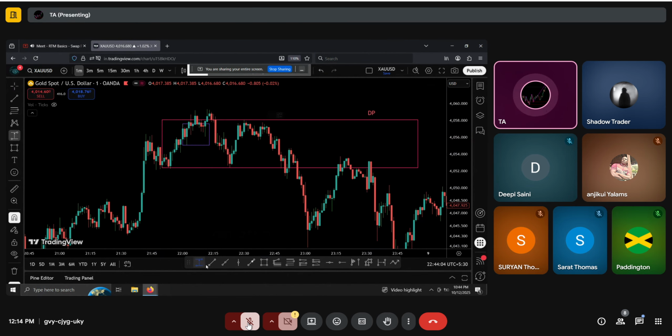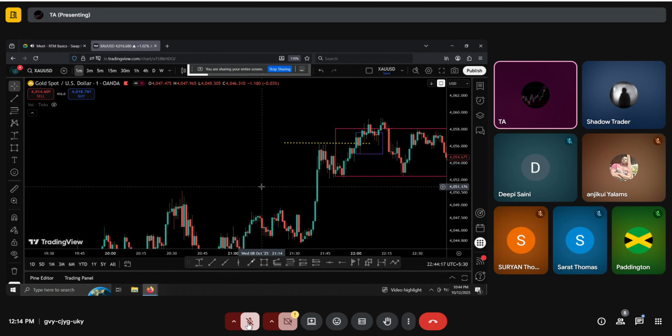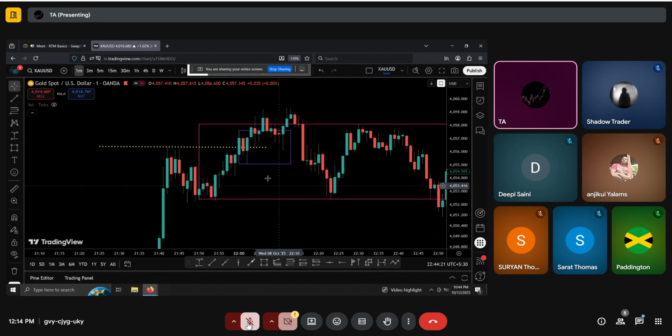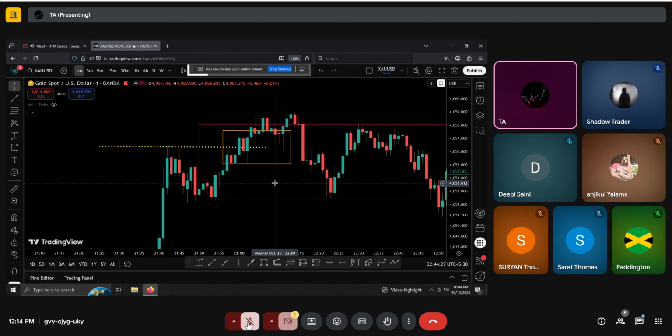It was an FTR when the price crossed this level. We are zooming out, zooming in, okay? So when the price crossed this area, we created an FTR here, right?